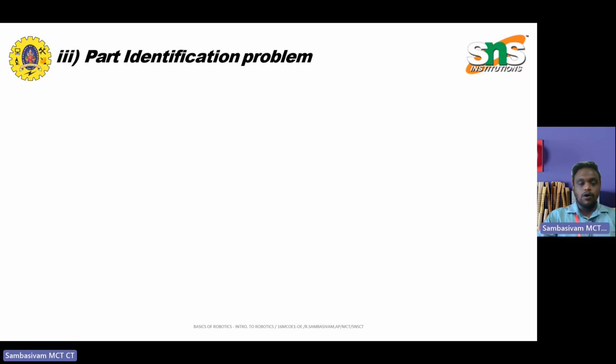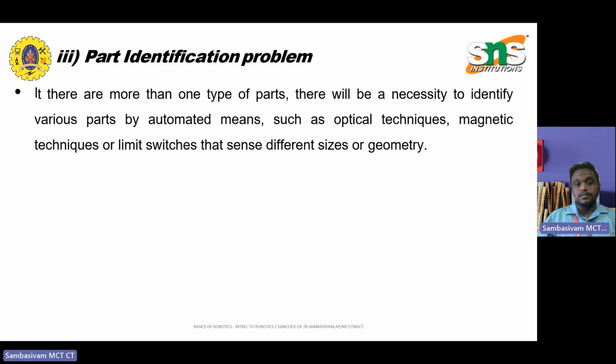Then there is part identification. Normally different parts are kept differently, for example parts of different colors. If the robot has to take a particular part, like a red part, special optical techniques are needed to identify problems, such as whether the red part or the green part is damaged.